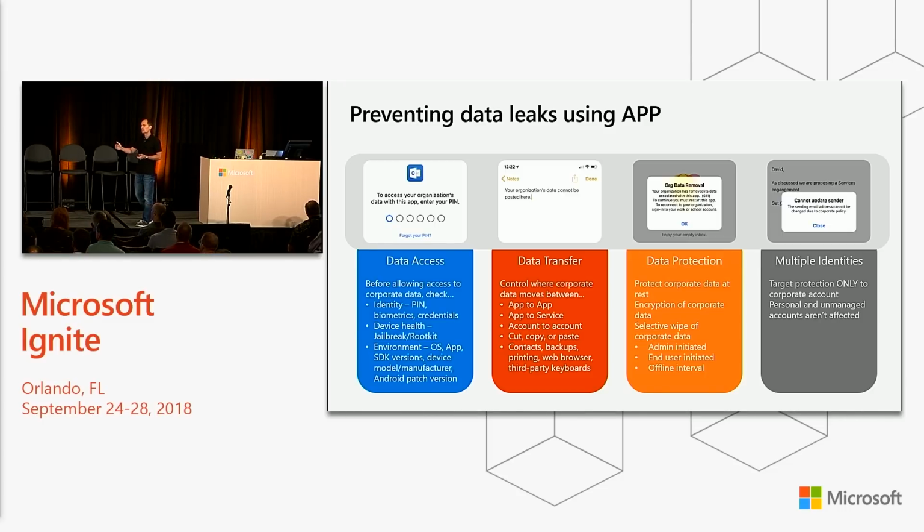We can prevent the data flow to an unprotected app. We can do it with cut, copy, and paste as well. We can enforce that you have to use a particular browser, either the Edge browser or the Intune Managed browser for corporate accounts. We can prevent third-party keyboards if need be. So we have all of these advanced level controls to ensure the data is protected and secured in the scenario whether you decide to enroll the device or if you decide not to enroll the device.